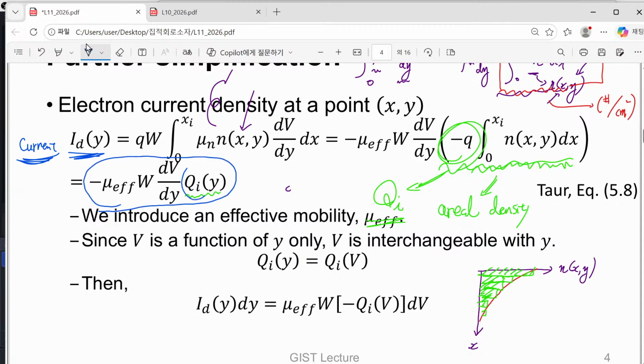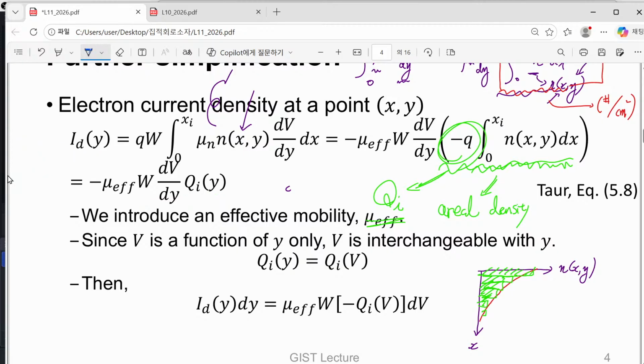So the total number of electrons, or total charge due to electrons, and now we have dV over dy. This is the form of our I_D. And of course here we have mu, W, they are all constant, so it doesn't matter. So now we have this form.